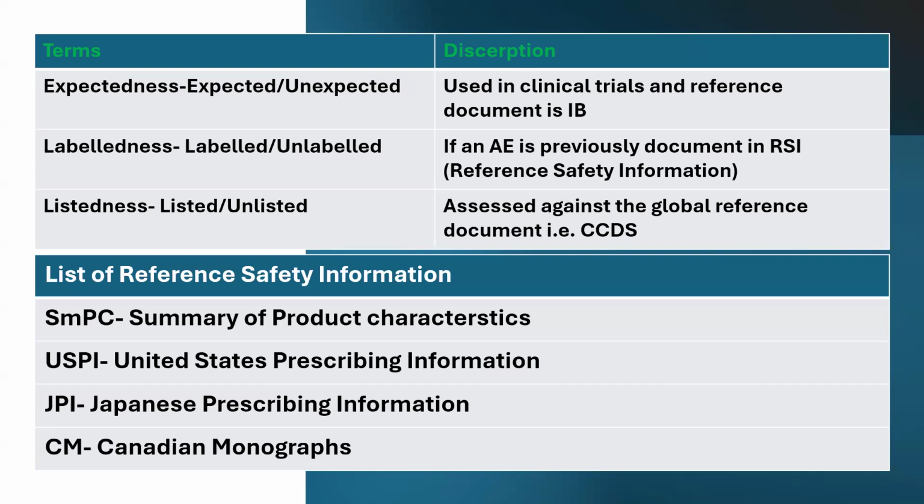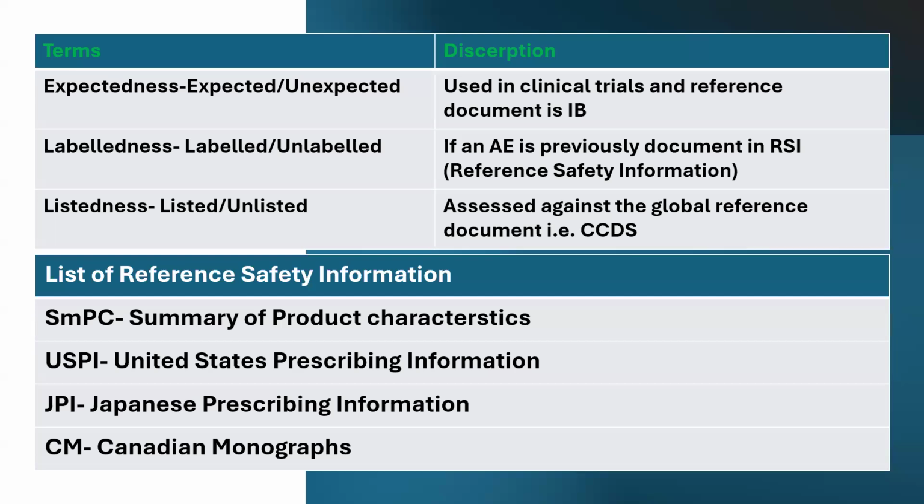You need to follow the reference safety information when manufacturing the drug. If the event is written there and it is happening, then it is called labeled, and if it is not written there and is still happening, then the event is called unlabeled.